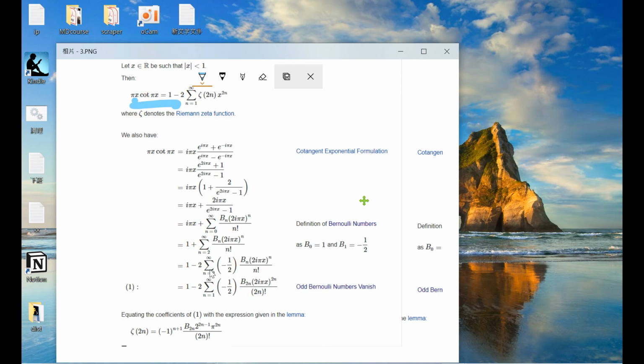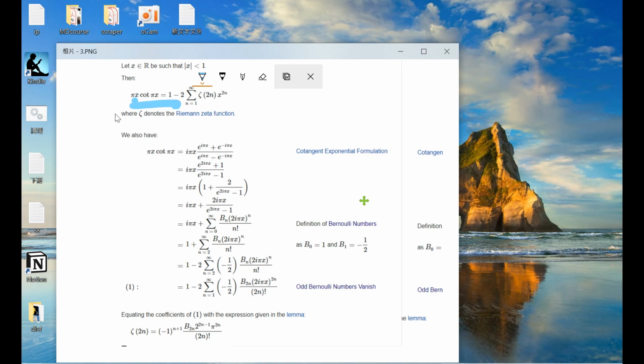And finally, you just write half, multiply by half, multiply by twice and divide by half. Then you get this. So you can see this term, 2n factorial b2n (2i pi x)^2n.